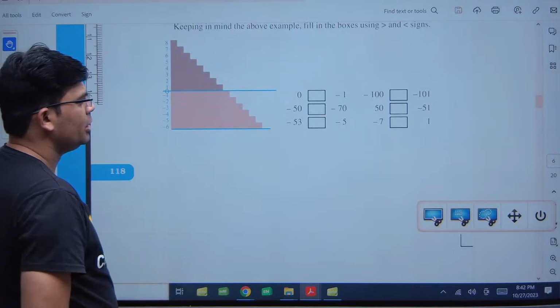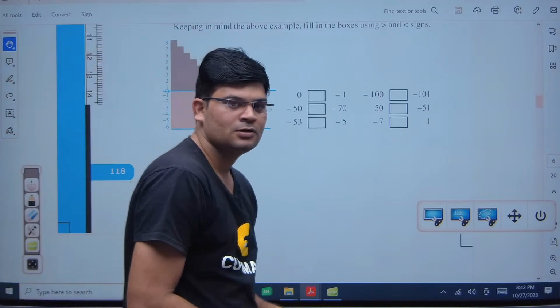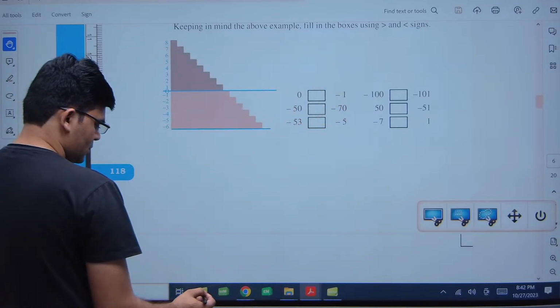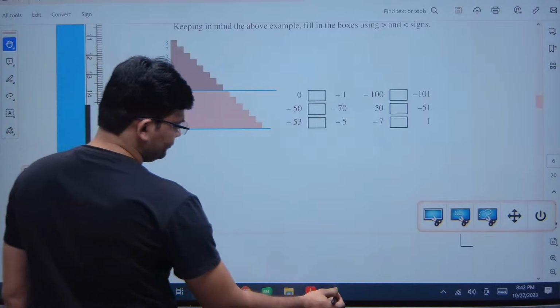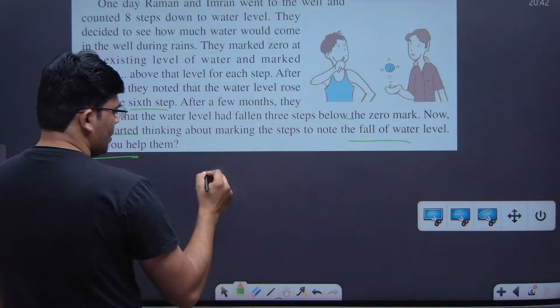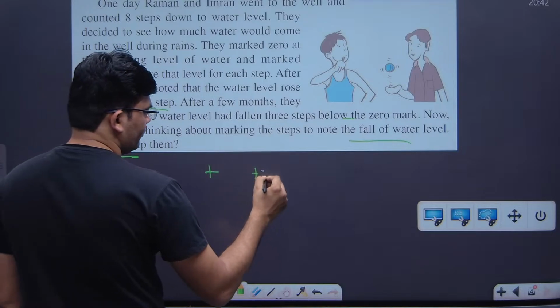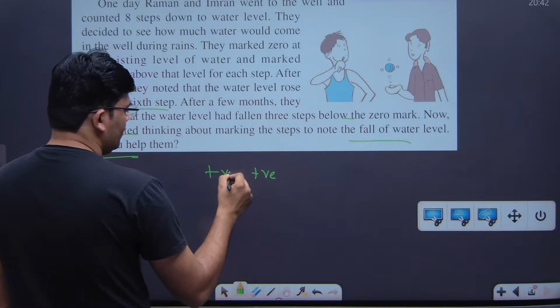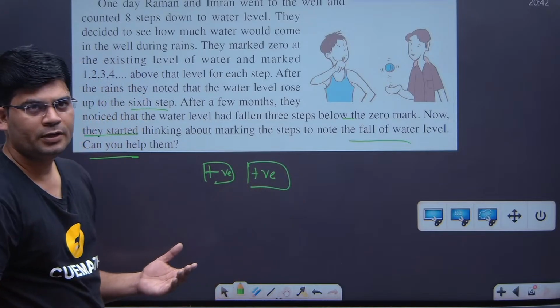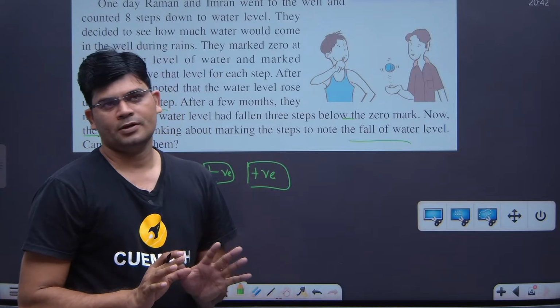Okay. Now comparing of integers. For comparing integers, we have 3 kinds of cases. First, when both the numbers are positive, the higher the value of the number, the greater is the number.